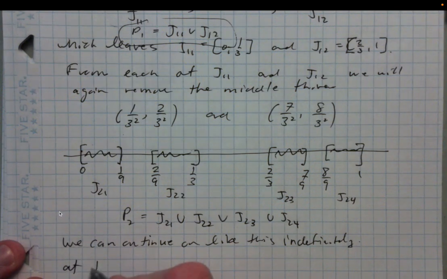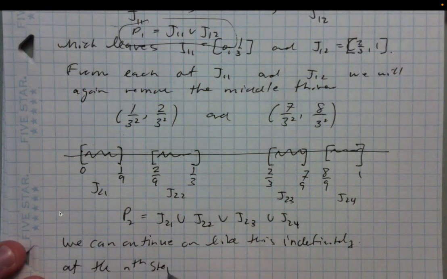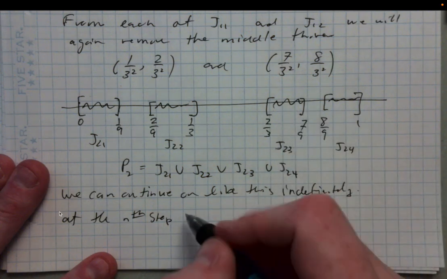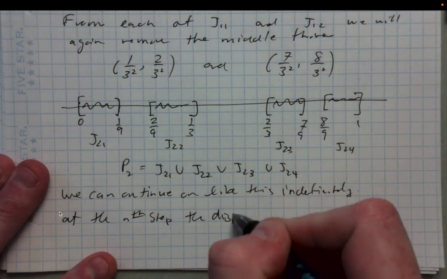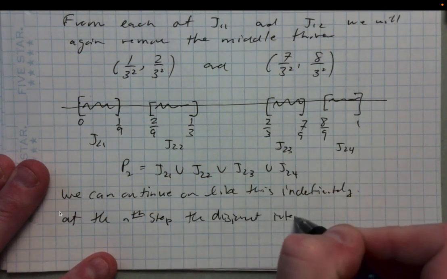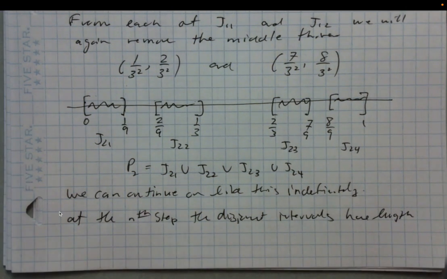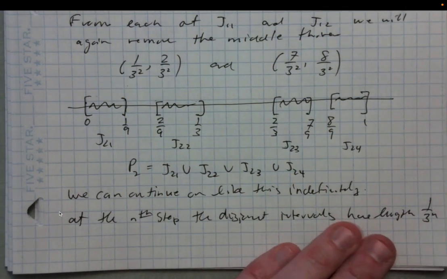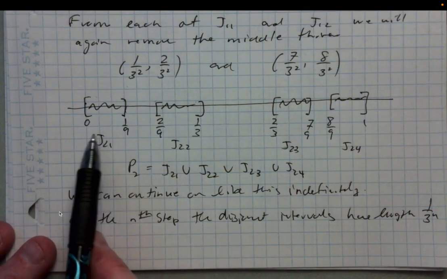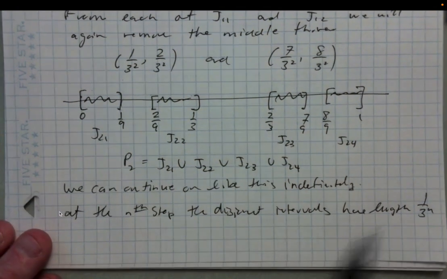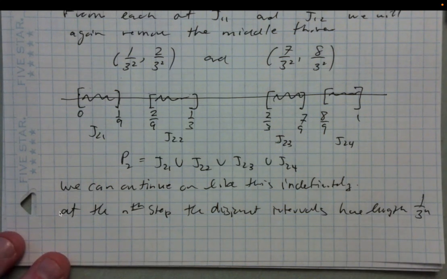So at the nth step, the disjoint intervals have length 1/3 to the n. Right here they had 1/3 squared, and then the next one would be 1/3 to the third, and then the nth step would have 1/3 to the n.